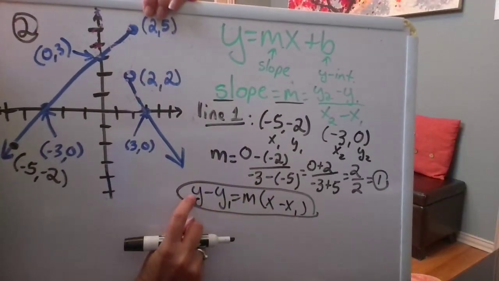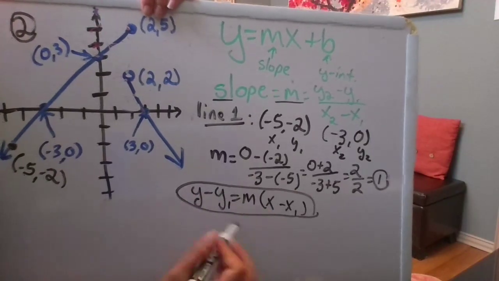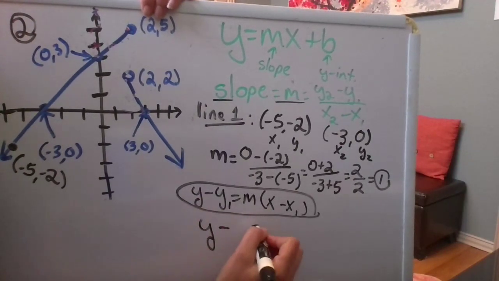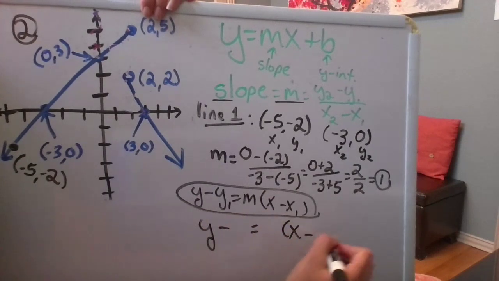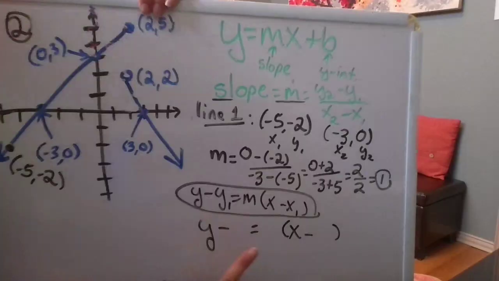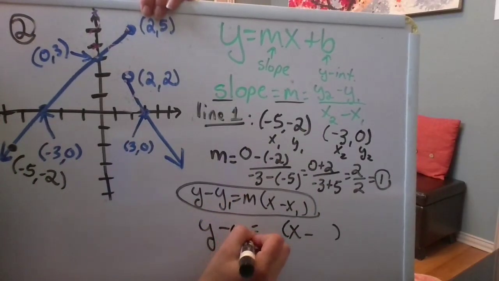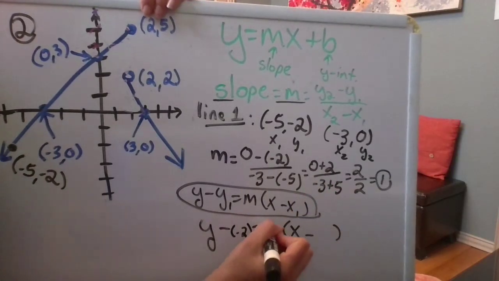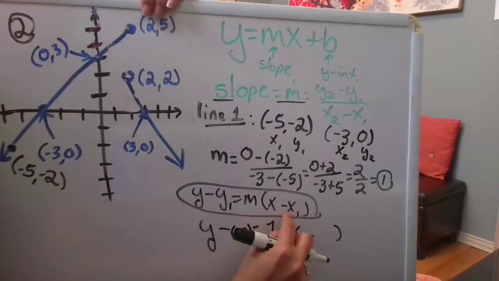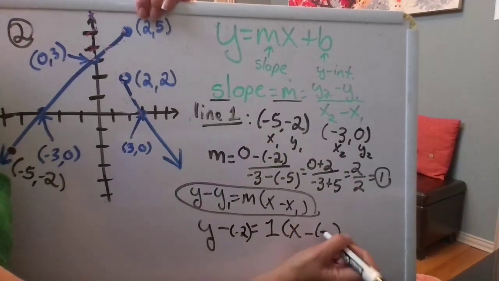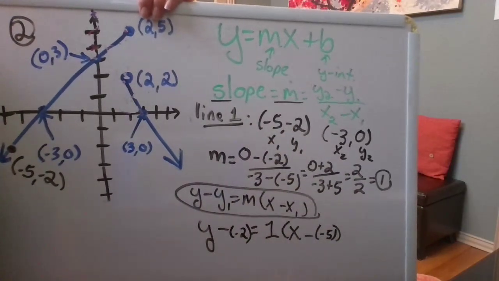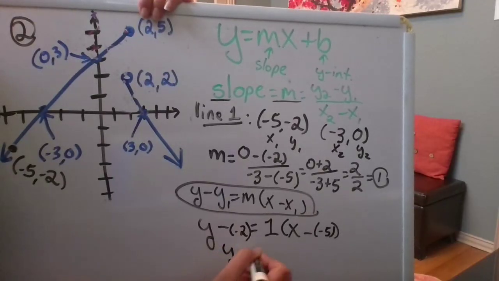Now what we're going to do is the plain y and the plain x will stay the same. They're going to stay in that equation. But everything else we're going to replace. So y1 was -2, my m is 1, and my x1 is -5. So we have y plus 2.